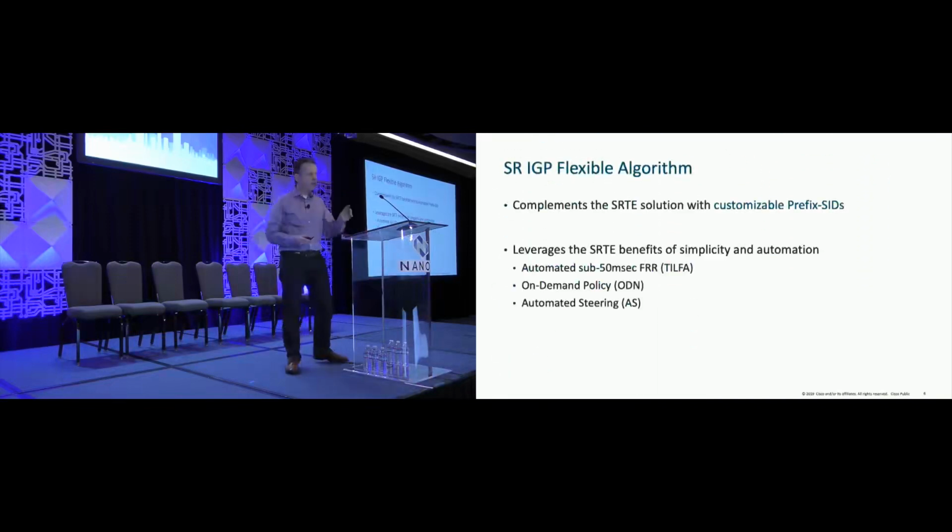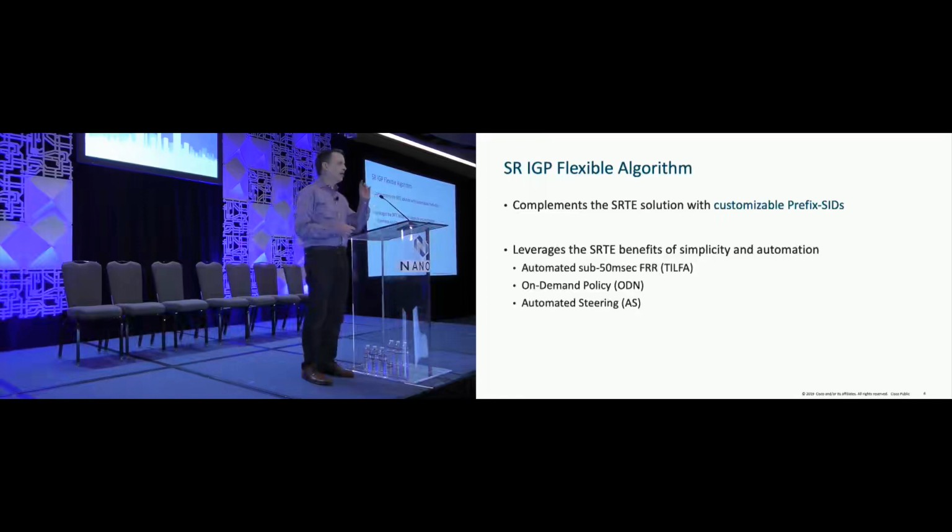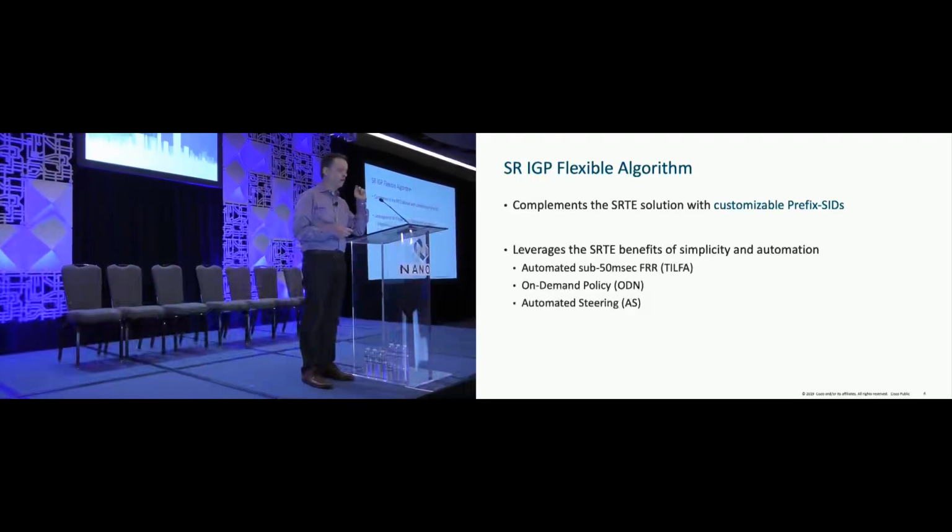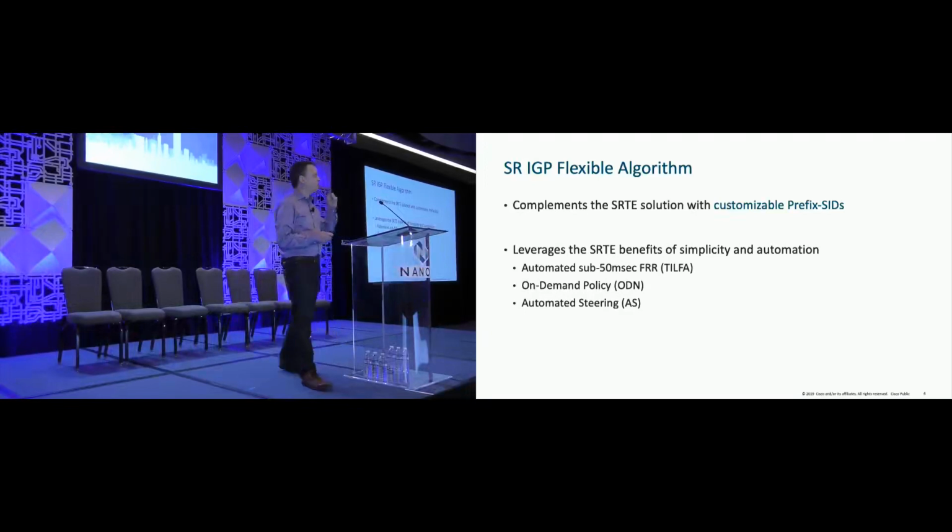Now, what I mentioned earlier is to really look at SR-IGP flexible algorithm as a segment routing traffic engineering toolkit, the newest toolkit. But it's one that must not be thought of in isolation. It needs to interoperate with everything else in your segment routing traffic engineering toolkit, whether it is TI-LFA, on-demand policy creation, or automated steering.